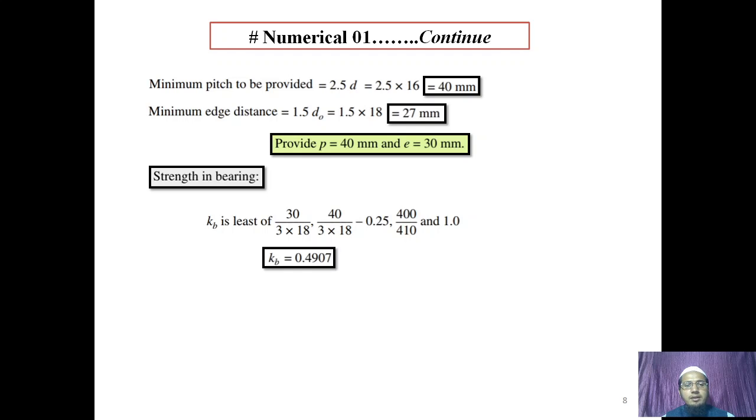In our case Kb will be 0.49, the thickness of the thinner plate we know is 10 mm, and the ultimate tensile strength of the bolt is 400 Newton per mm square for a 4.6 grade bolt.